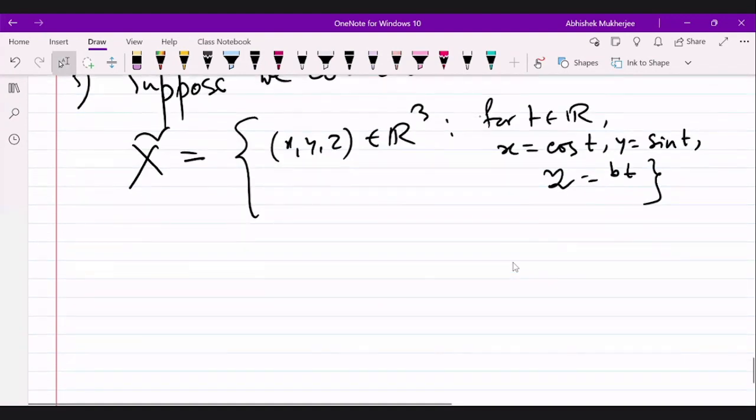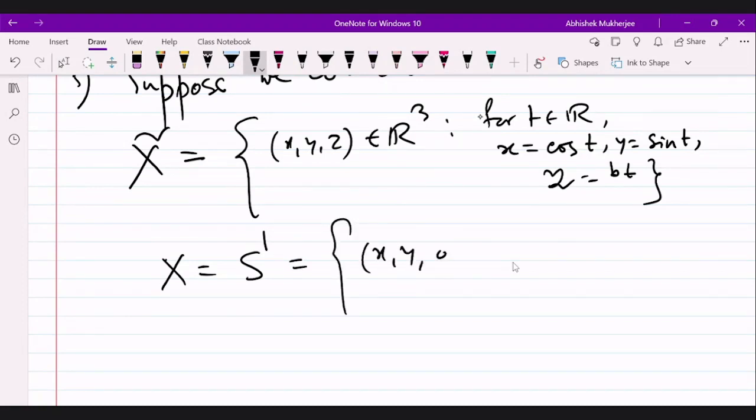Okay, great. And if you want to embed that S1 in R3, that will be given by using these coordinates. So this will be 1.